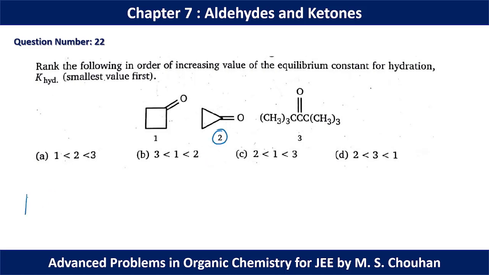Why? Because in this molecule this carbon is sp2 hybridized, so the natural bond angle should be 120 degrees, but due to the angle strain this bond angle is 60 degrees, so this is very much unstable. Now if water is added to this molecule, finally we will get this kind of situation.